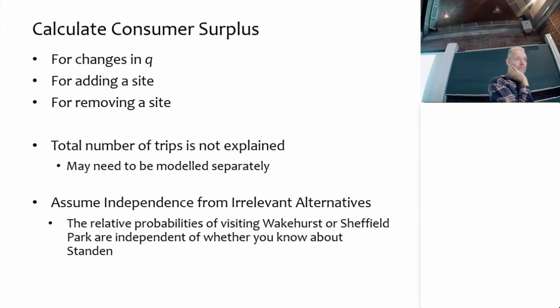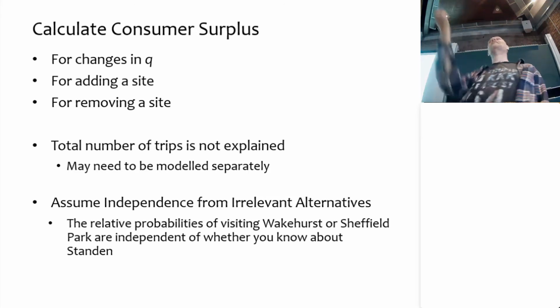What you do need to assume is independence of irrelevant alternatives, and of course now I'm no longer talking about Preston and Stanmer. I should have prepared better. Now I'm talking about Wakehurst and Sheffield Park. It's slightly further afield.